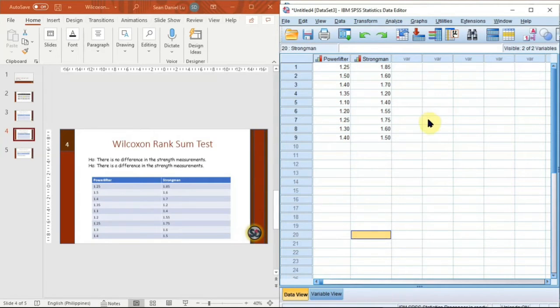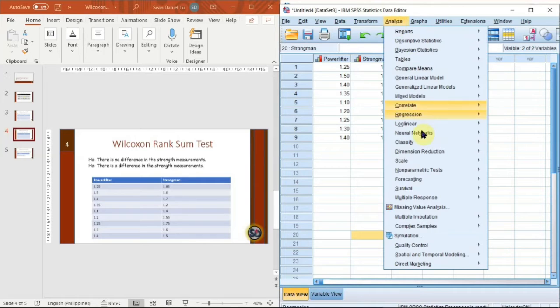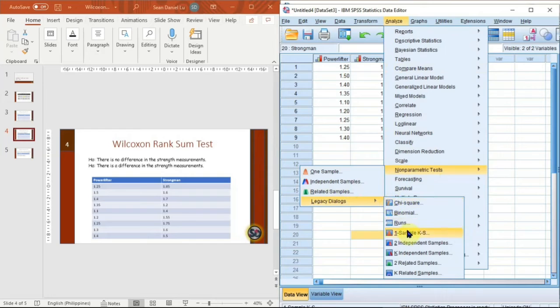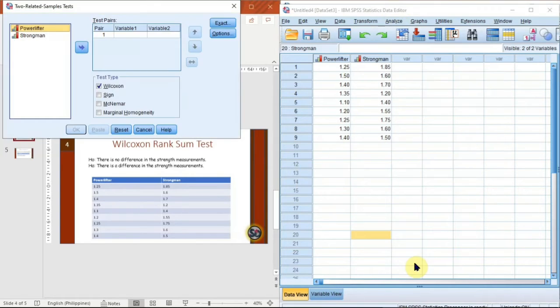Now to analyze these pairs, go to Analyze, Non-Parametric Tests, Legacy Dialogues, 2 Related Samples, because they are related. Test pairs, variable 1 goes to powerlifter, variable 2 goes to strongman. Make sure the test type is Wilcoxon, and hit OK.